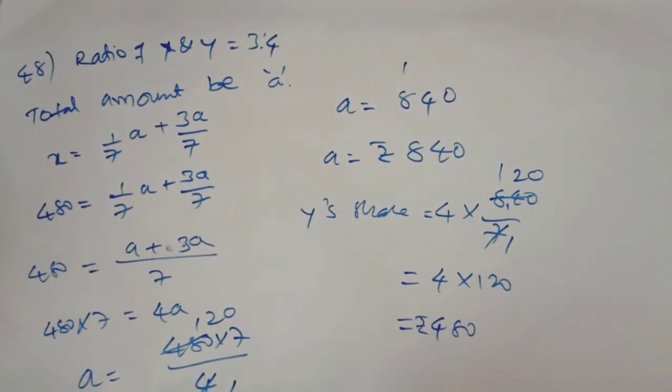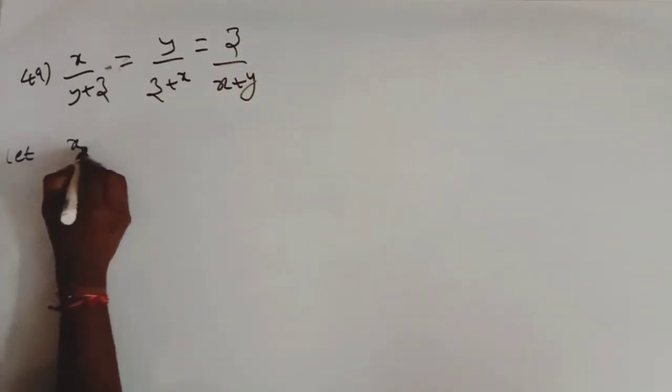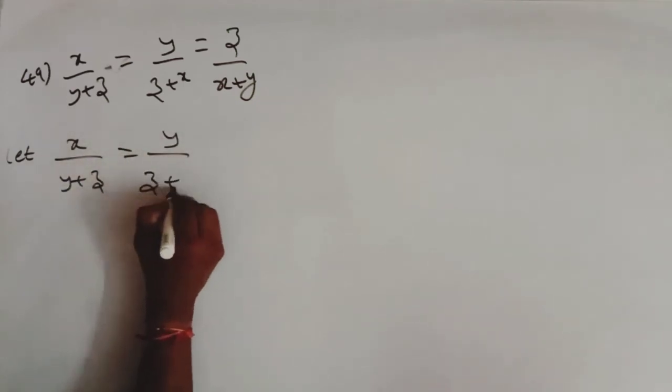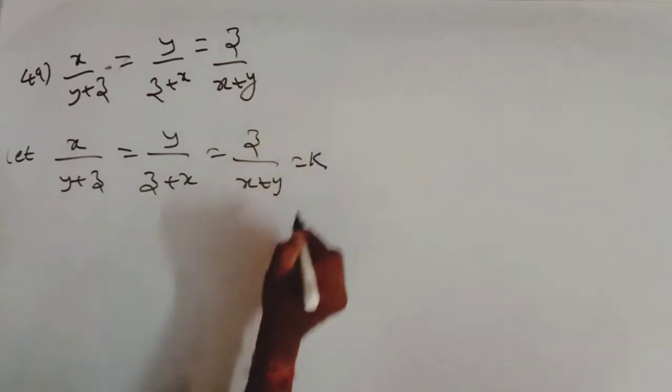Okay. So children, the 49th question is x by y plus z is equal to y by z plus x is equal to z by x plus y. Then find the value of each fraction. So I have to find the value of each fraction. So here I am taking let x by y plus z is equal to y by z plus x is equal to z by x plus y is equal to k.